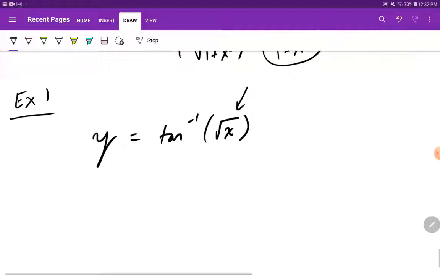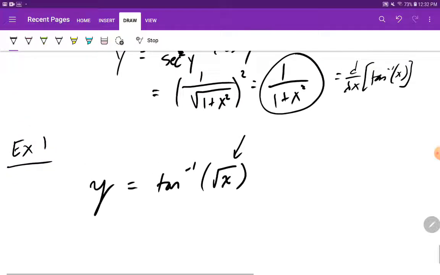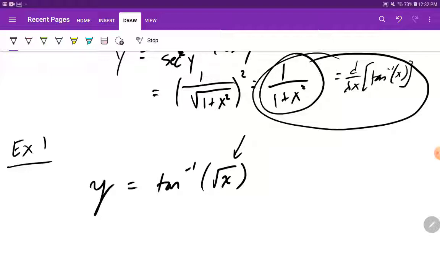So we can do this the long way, the short way, whatever you want. I'm just going to keep it as root x and imagine that it's there. Like this is going to be my blah that I have to derive later on. But at the same time, this is going to be the thing that's going to be squared in our derivative, because we just found that the derivative of tan inverse is going to be 1 over 1 plus x squared.